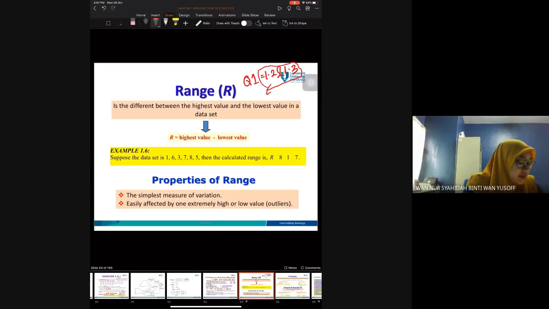So range here is just what we call the simple measure of variation. It is easily affected by outliers, one extremely high or low value. Why do you think range is affected by the outlier?